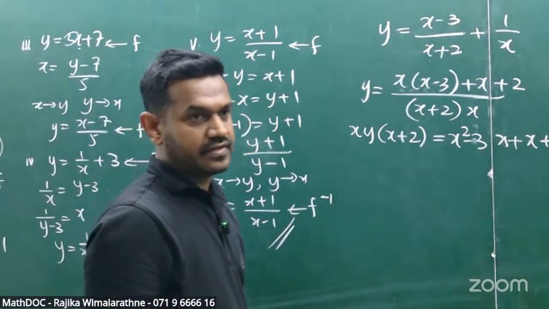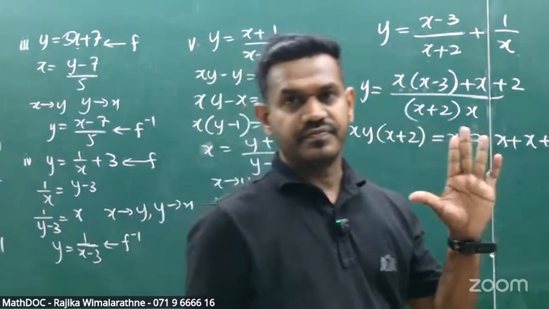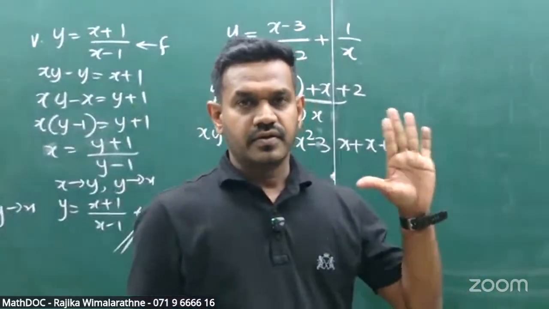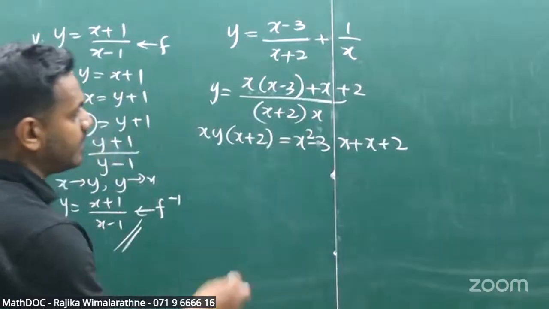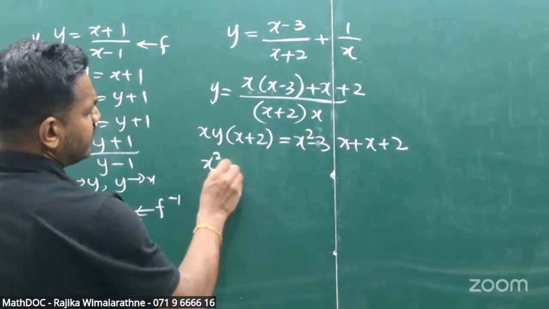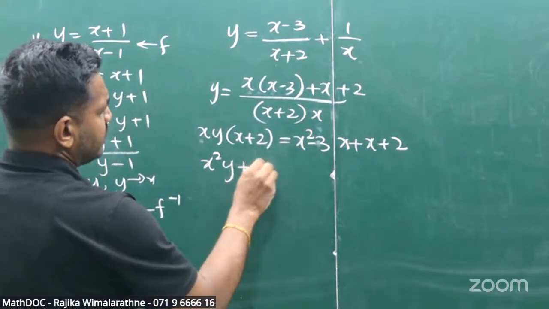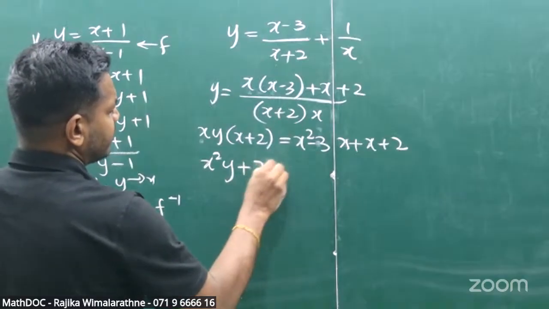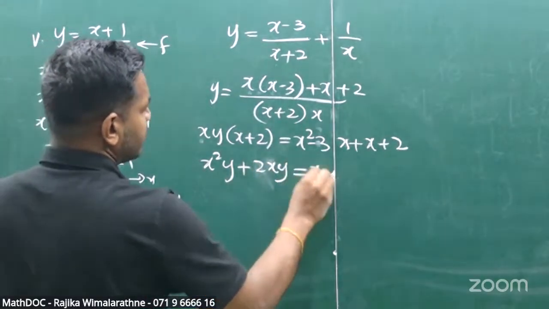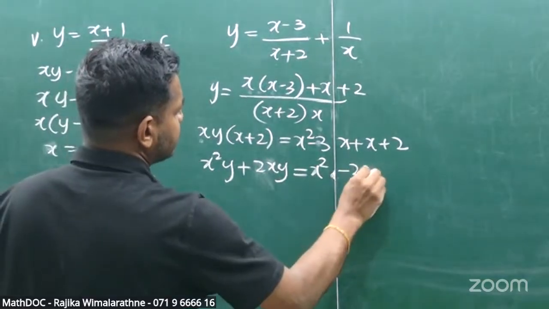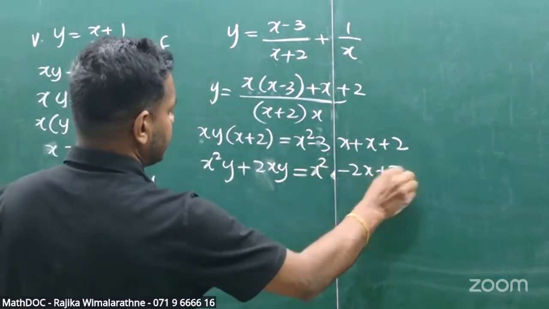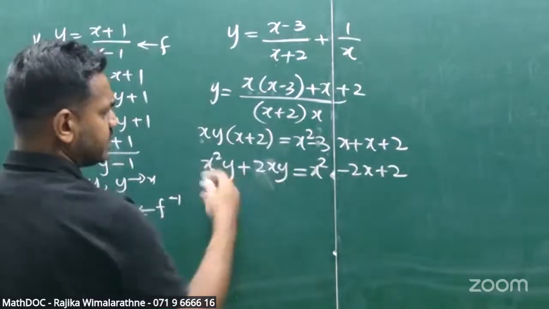Further you simplify, further you expand. Then here x squared y, 2xy, x squared minus 2x plus 2. Then put all terms here.